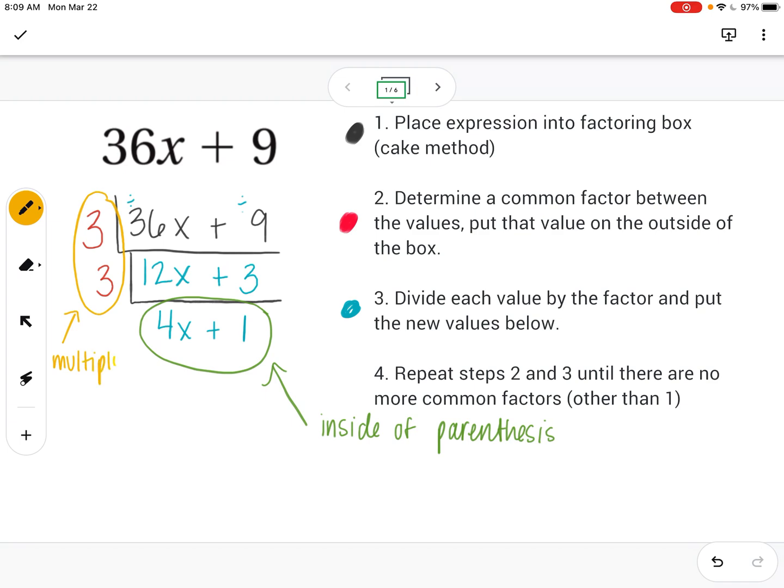So multiply the numbers to get the value on the outside of parentheses.